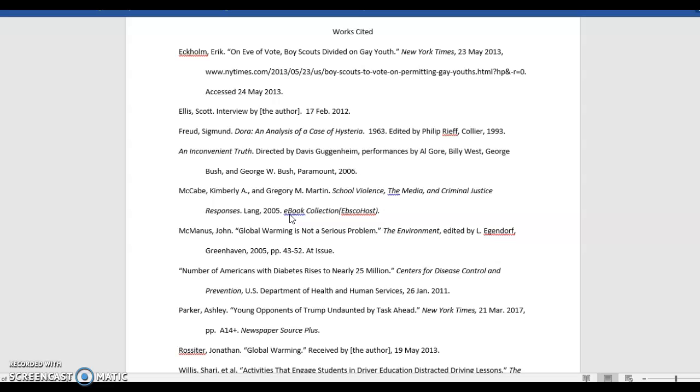But because this is an online book, I want to also give the database that had the book. This is one of our databases here at Mesa College, ebook collection, EBSCOhost, period. Now, if you were to actually find this and use the citation help online, you might get a URL afterwards. I don't particularly want you to give me a URL for a subscription service.